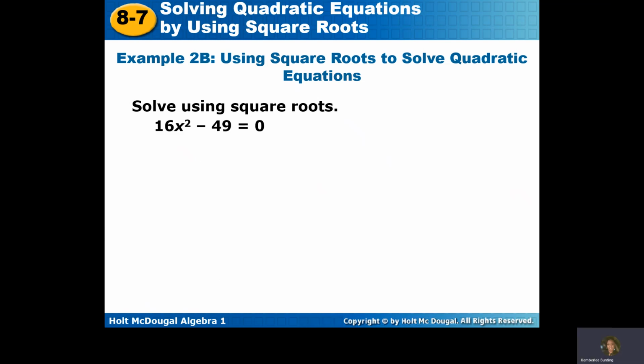Ooh, look at this one. Same thing, y'all. Same situation, except we have a fractional component here. Watch this. First thing I'm going to do is add 49 to both sides, right? Wait, let me give y'all a second to write it down.